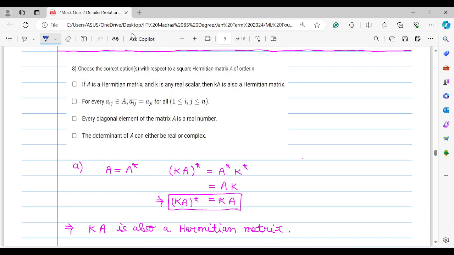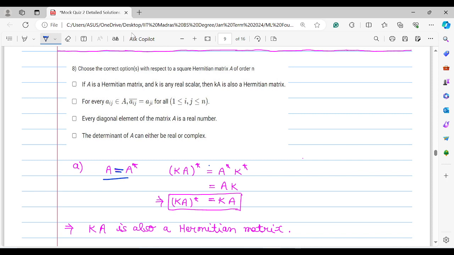Choose the correct options with respect to a square Hermitian matrix A of order n. If A is a Hermitian matrix and K is any real scalar, then KA is also a Hermitian matrix. This A is a Hermitian matrix. So this property was A*, and if we multiply by K, where K is real, we check (KA)*, which is A* K*.